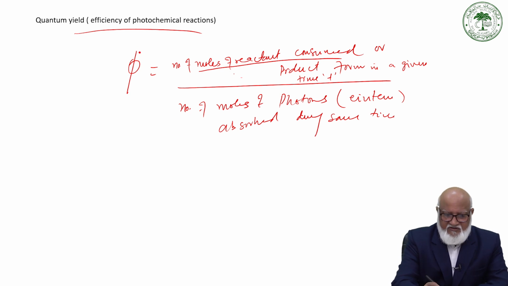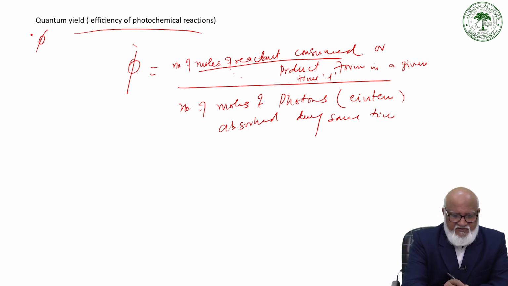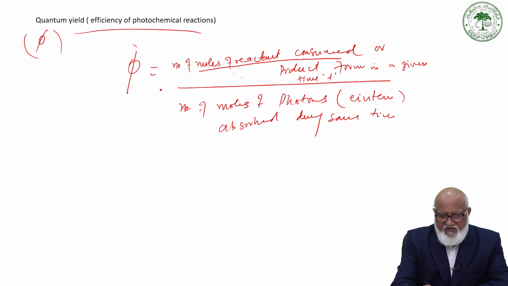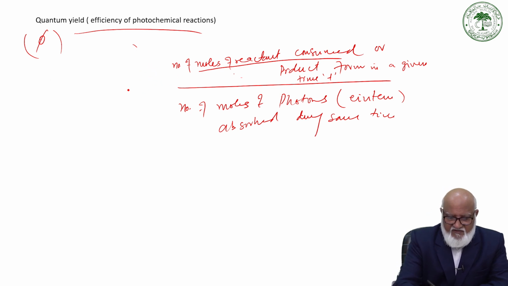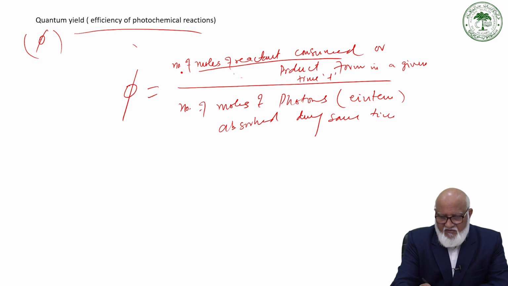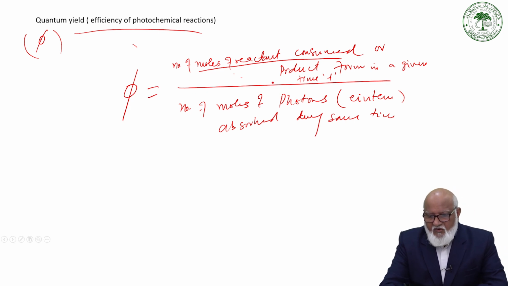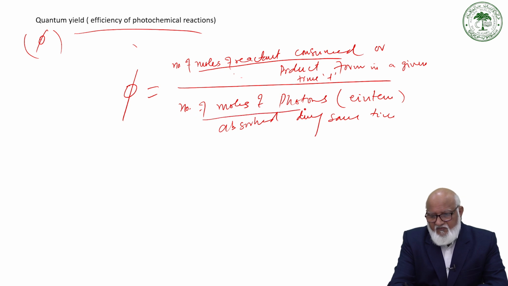So this is how the quantum yield phi is defined: the number of moles of reactant consumed or product formed in a given time t, divided by the number of moles of photons in terms of Einstein absorbed during the same time.